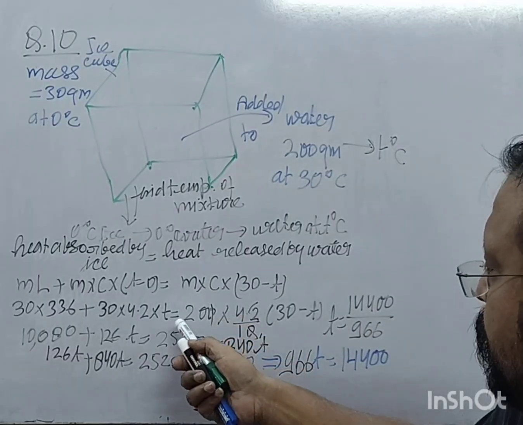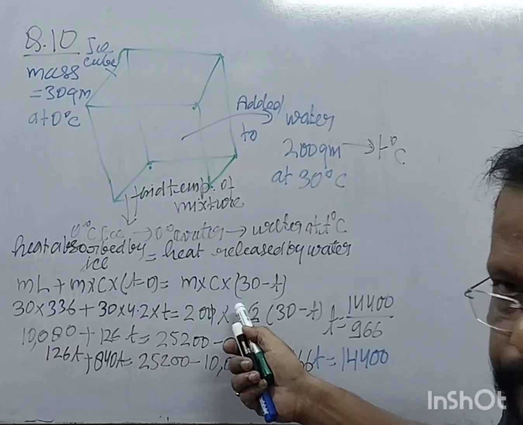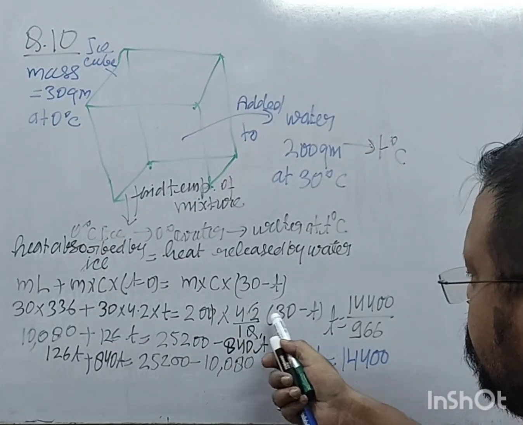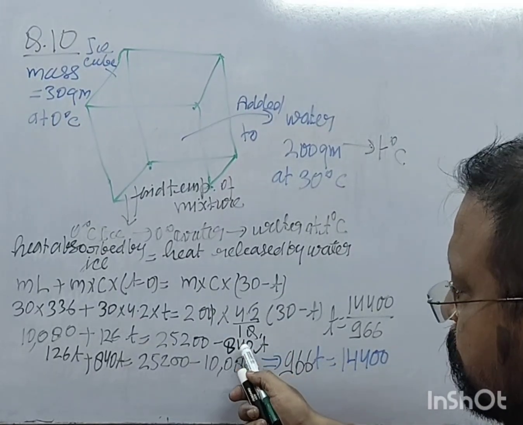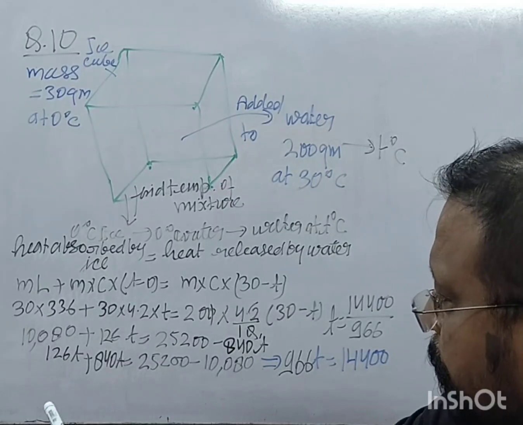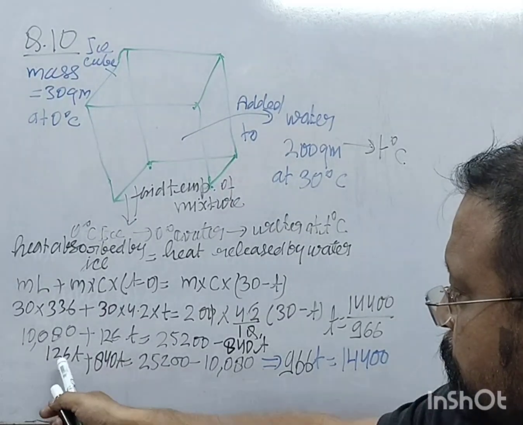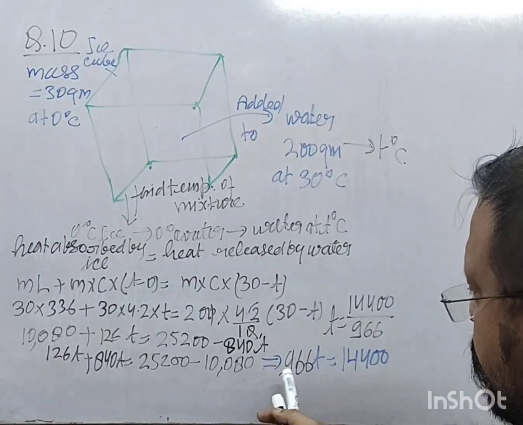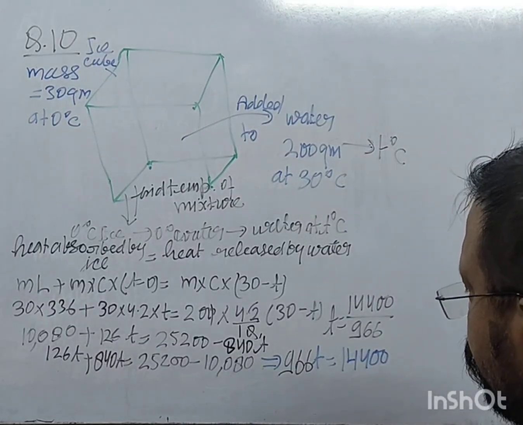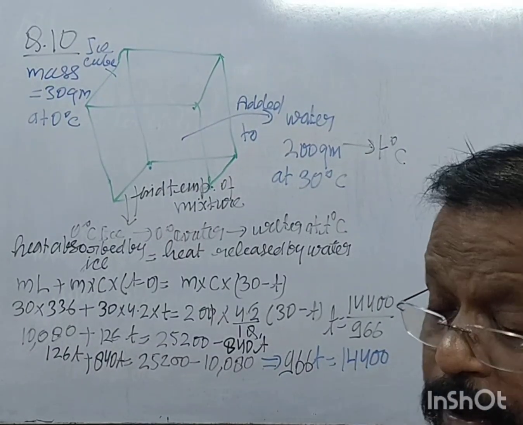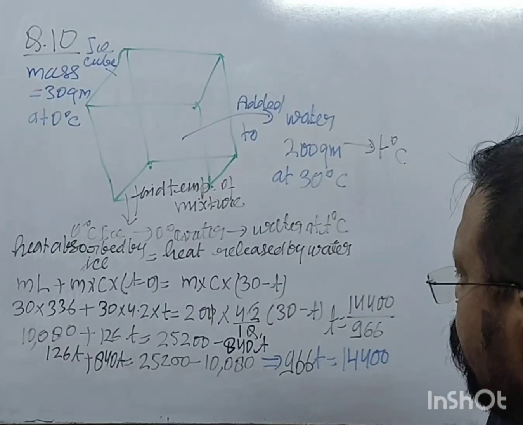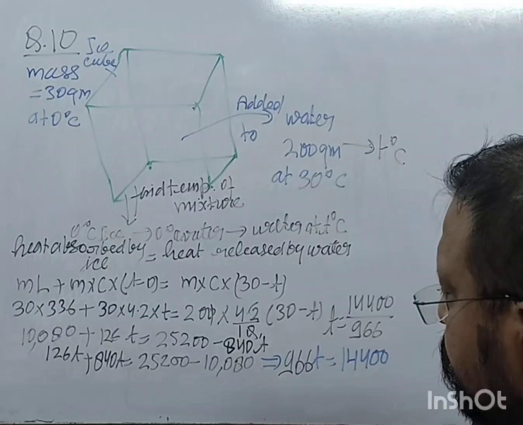This whole will be 840, multiplied by 30, and it is multiplied by T also. Then this goes on the other side. It becomes 6426 and 966T is equal to 14,400.